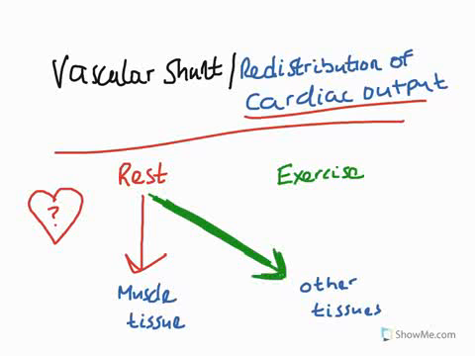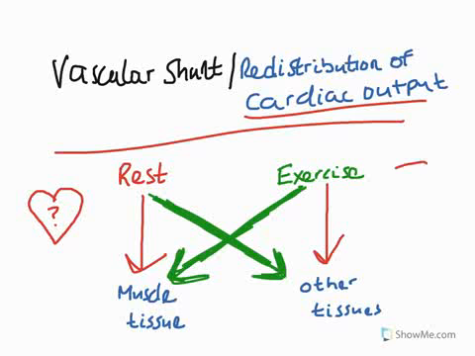But if we begin to exercise, this situation reverses, and we find that during exercise the vast majority of cardiac output is redirected towards the muscle tissue or towards skeletal muscle, and that only a small proportion of cardiac output is directed towards other tissues.